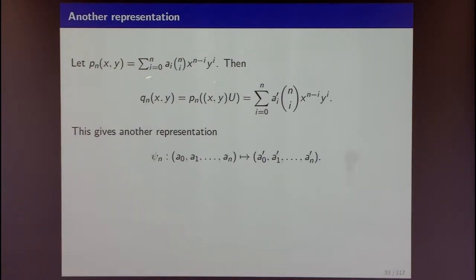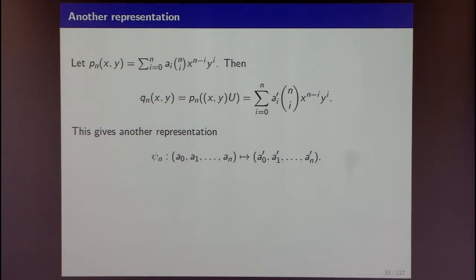Now, you can also do something else. You can take a bivariate polynomial, homogeneous of degree n, with n plus one terms, and act on this polynomial in the following way: starting from p, you get a new polynomial q, where the definition of q(x,y) is just p((x,y) times U).